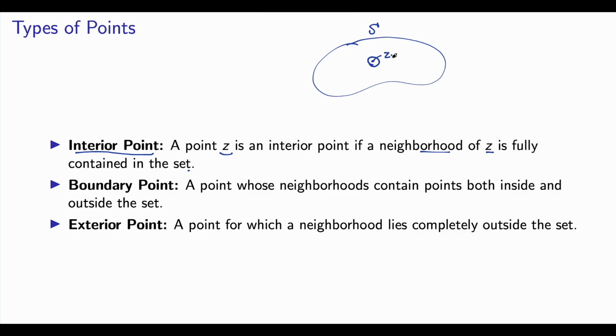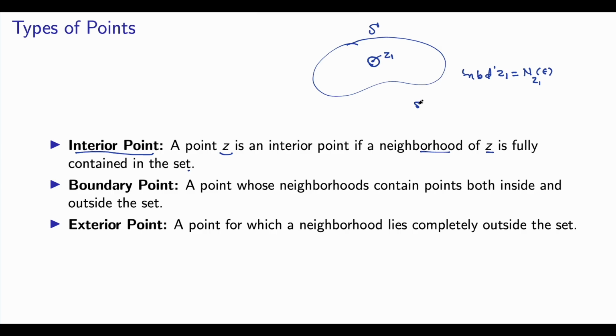Let's say this point is Z1. We write the neighborhood of Z1 in short as NBD of Z1, with center Z1 and radius epsilon. This neighborhood completely belongs to S.